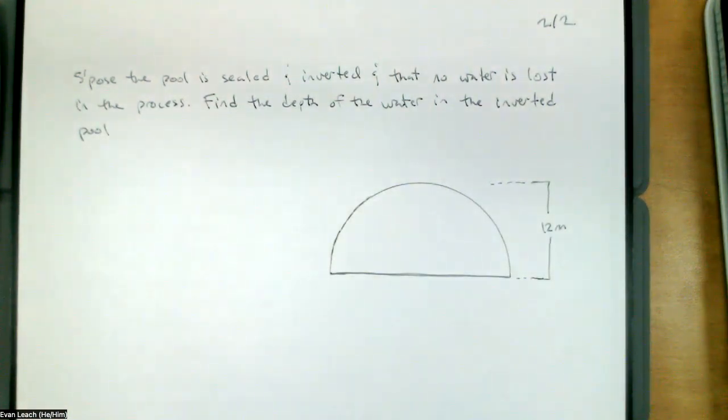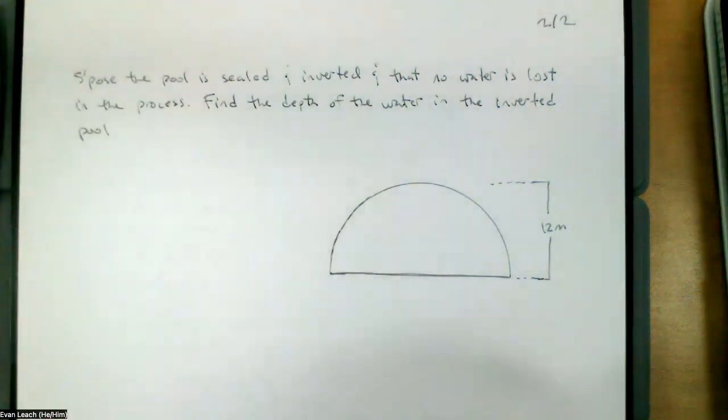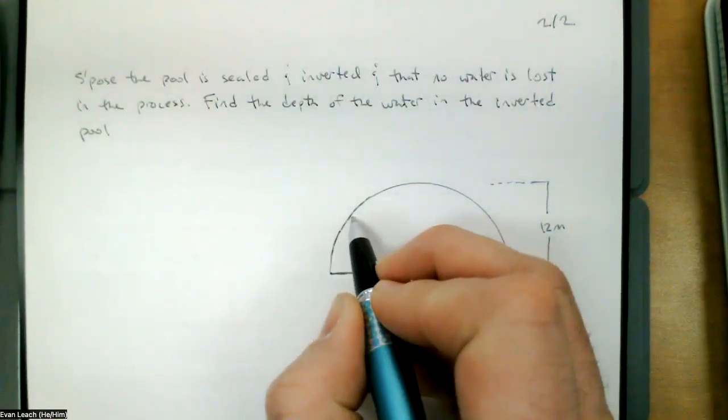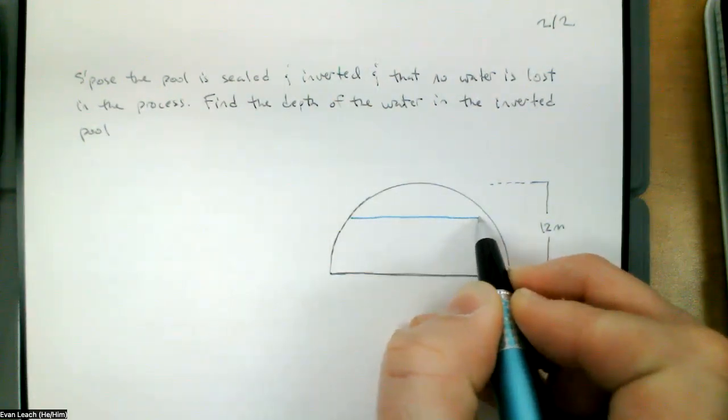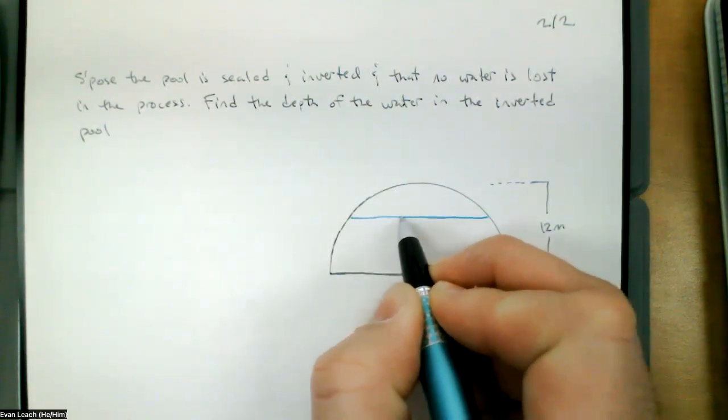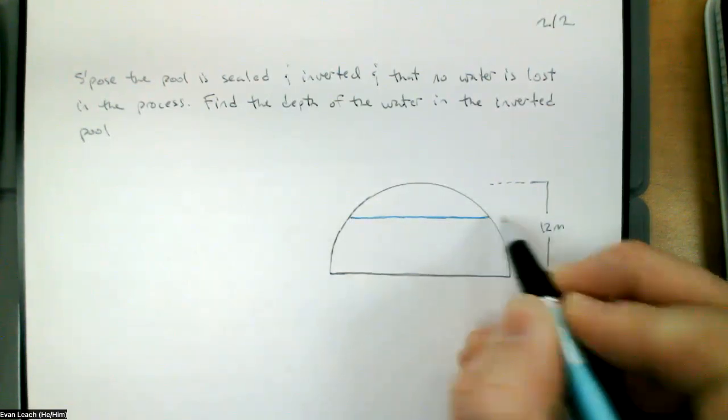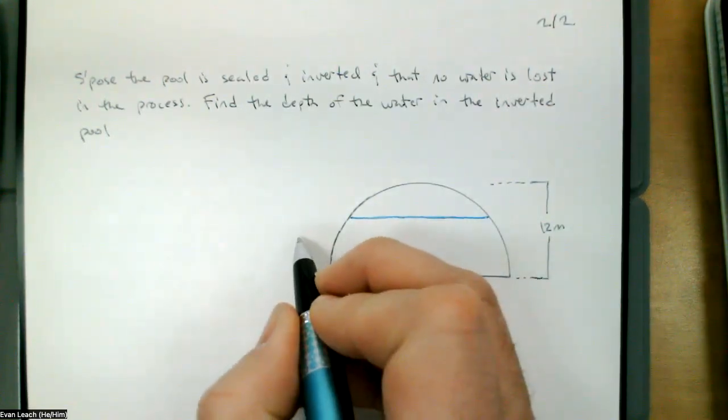What's going to happen is what was space at the top, at the widest part of the pool, is now going to be space at the skinniest part of the pool. And the new question is, how deep is this?